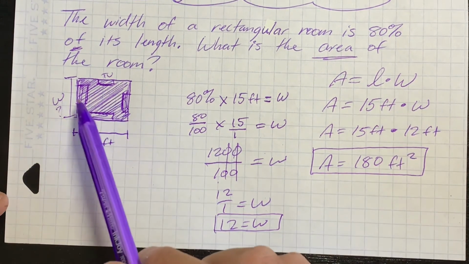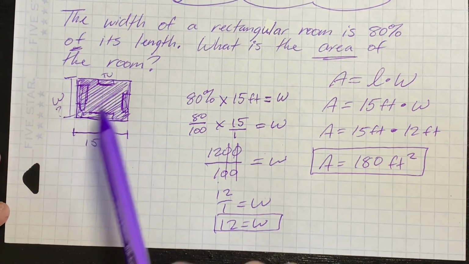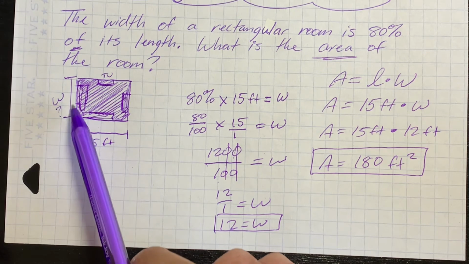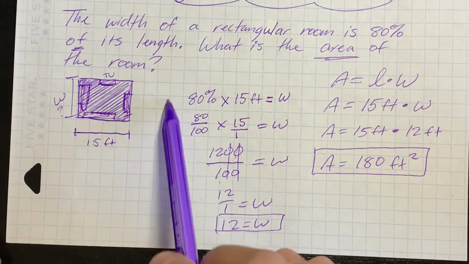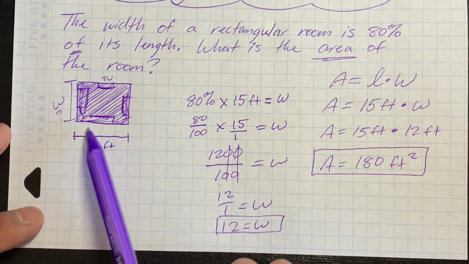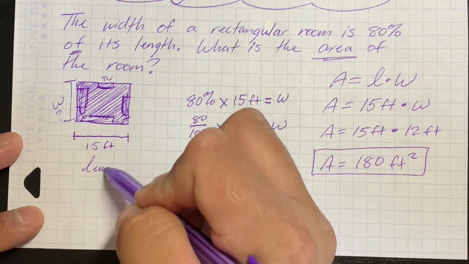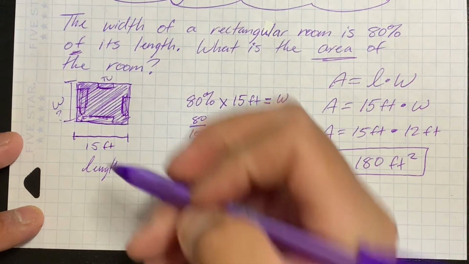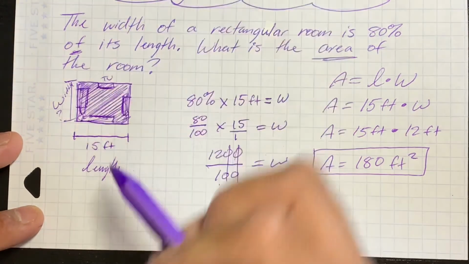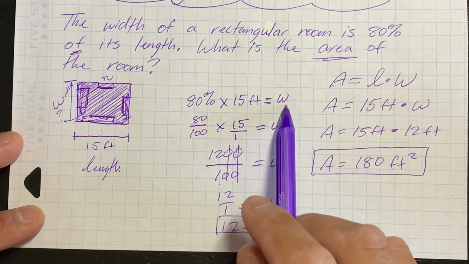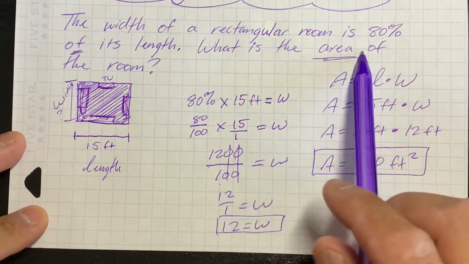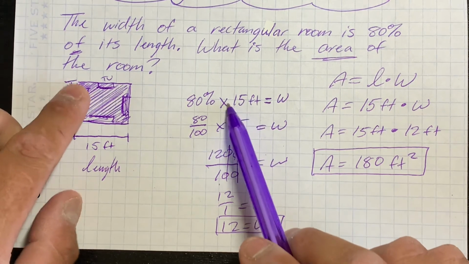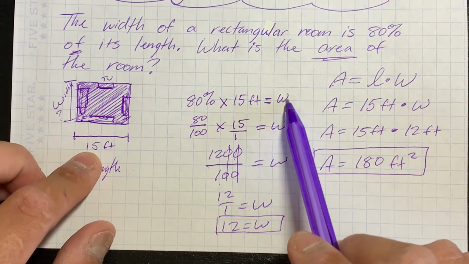But because we have an unknown value in this model or diagram or illustration, this picture here of the living room, we do know that the length is 15 feet, but the width, we don't know that value, which is why I put W for the variable. So 80% of 15 feet is going to equal the width.